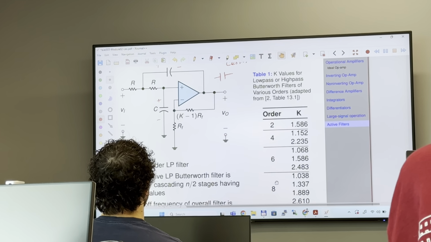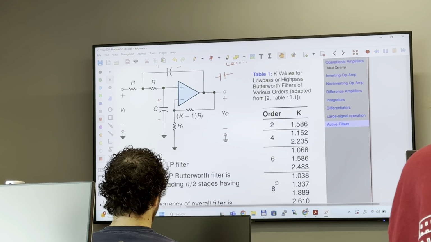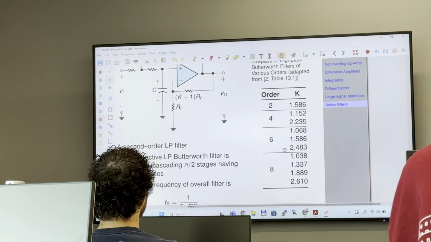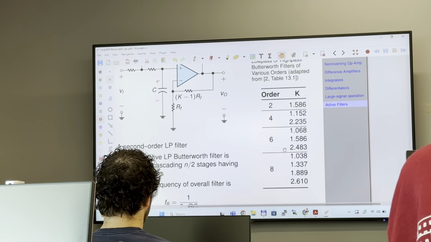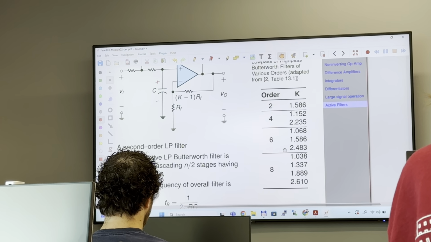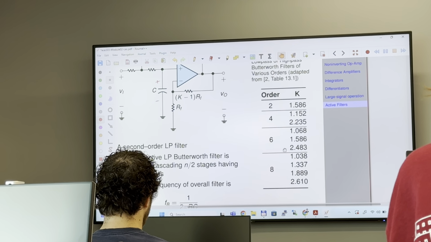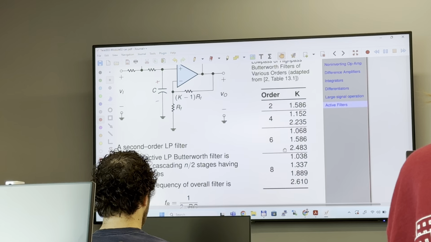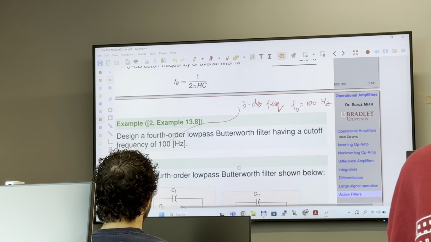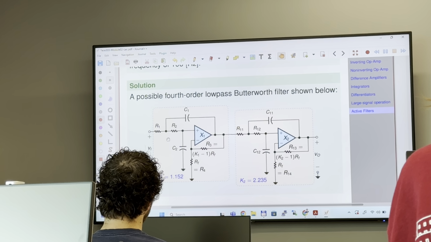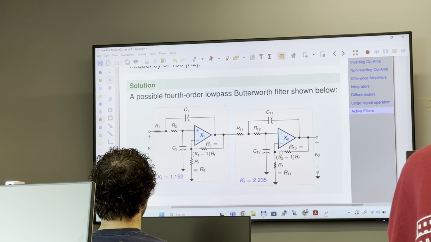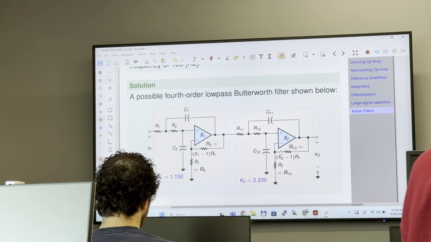So if we have an example like that, you may want to bring this table right in your formulation, just to be on the safe side in case we have a problem like that. Clear? So bring this table, and we chose K1 1.152, K2 2.235. How I came up with all these capacitors, we already know all the derivations and all the equations.